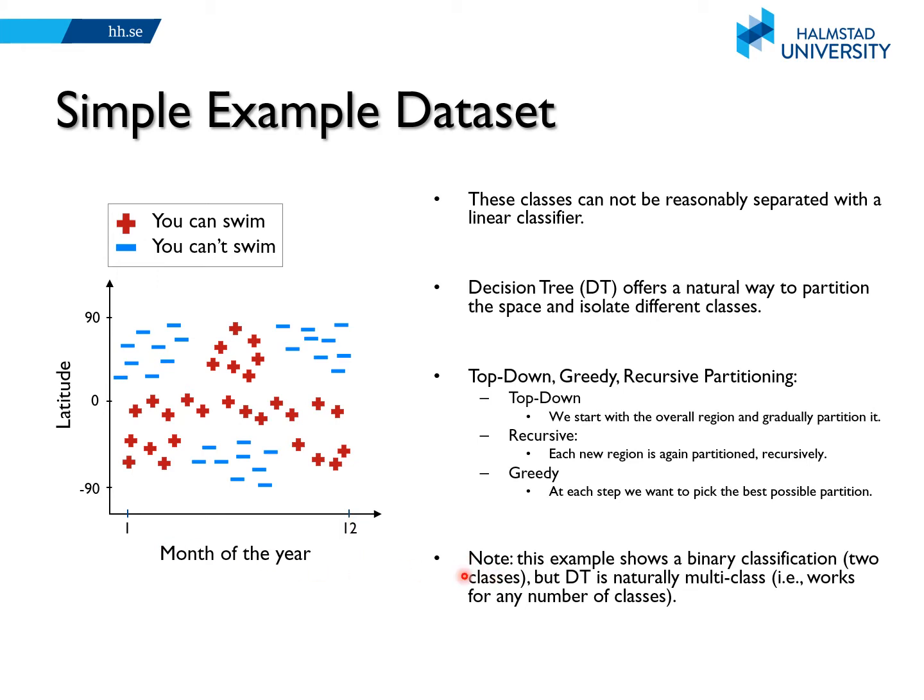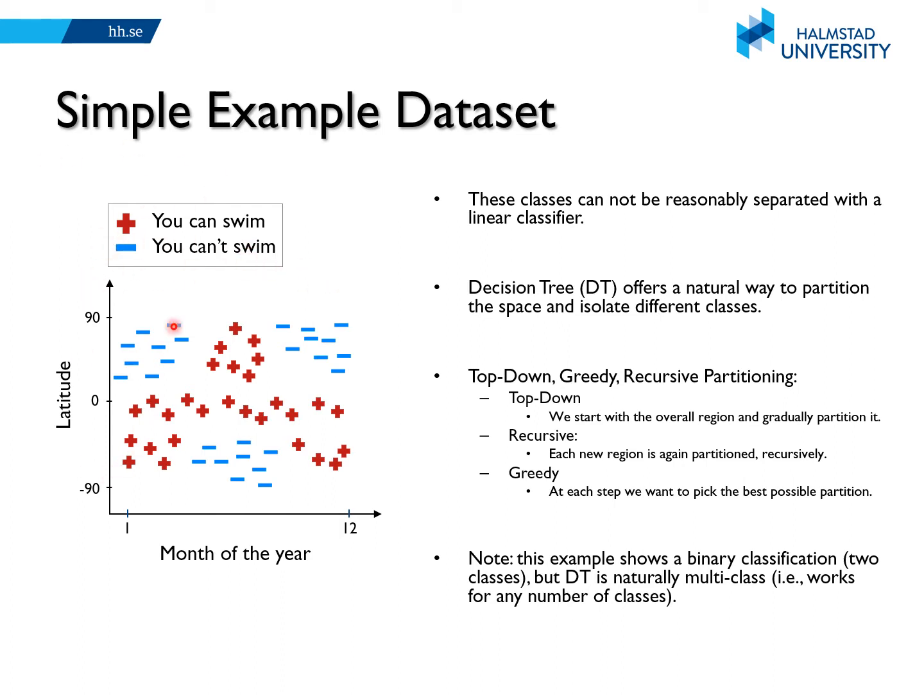And just as a side note, in this example, we are showing only two classes, but decision trees can really be used for any number of classes. So it can directly be used for multi-class classification where you have more than two classes. But in this example, we are using two classes just to simplify the explanations.